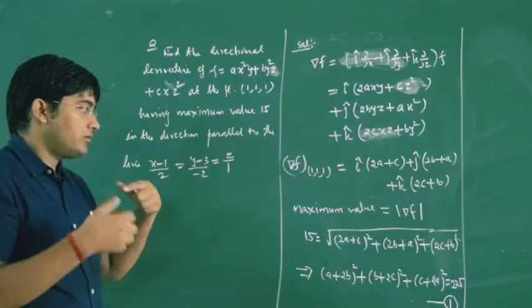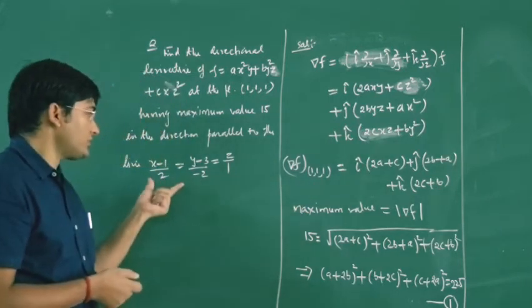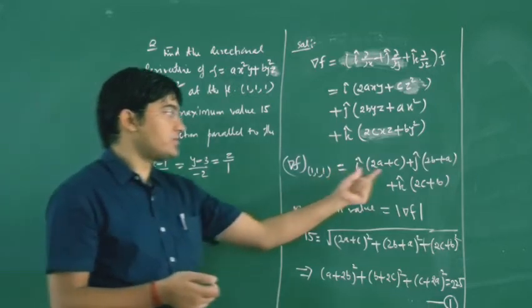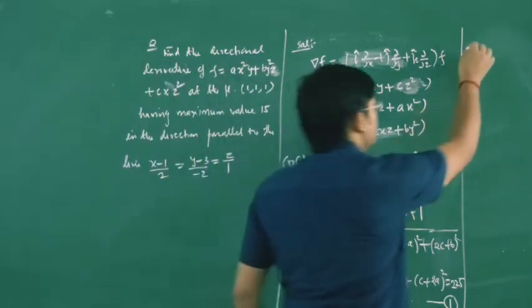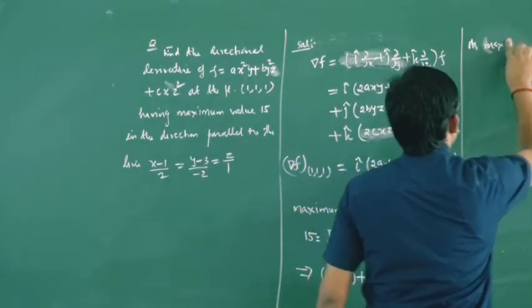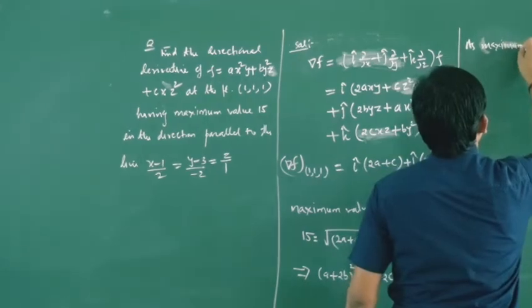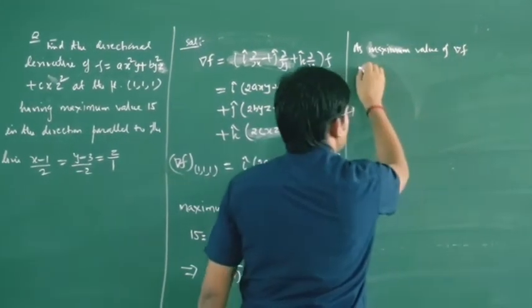As the direction of maximum value is grad f and it is parallel to this line, that means your direction ratios will be equal to each other.